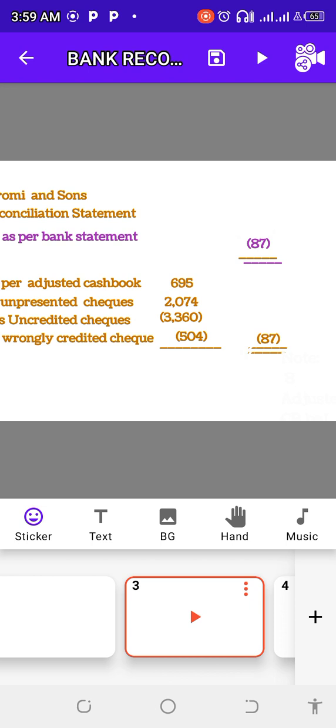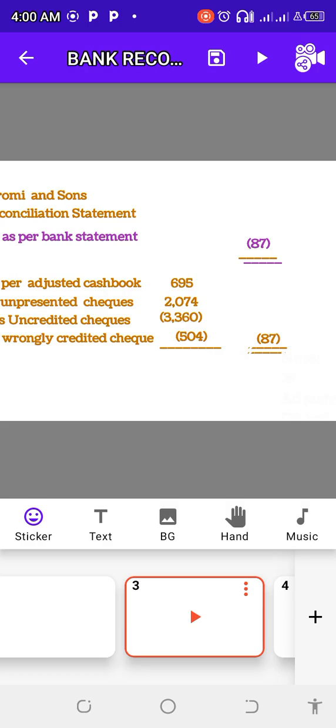I repeat, you can begin the bank reconciliation from this question by beginning from the bank statement balance, and if you begin with the bank statement balance, it will be like this: balance as per bank statement, add uncredited check, less unpresented check, and the wrongly credited check, and the result you will have is the balance as per the cash book in the question.